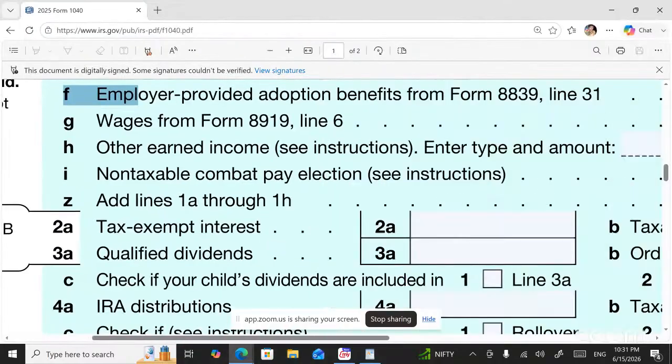Other earned income's name is not mentioned, so anything not covered above you can include as residual income.